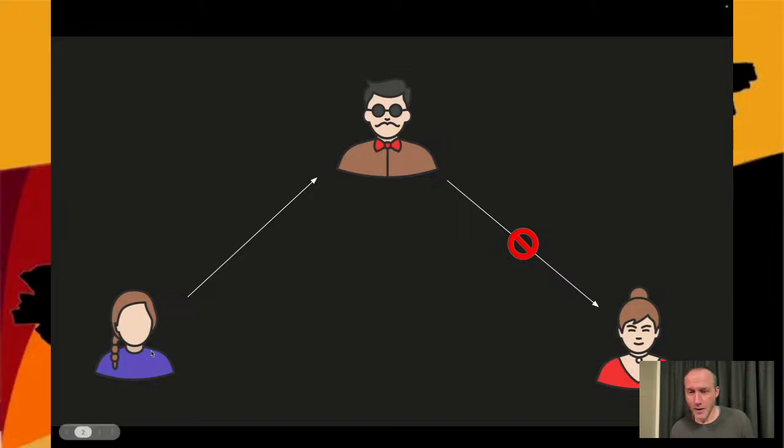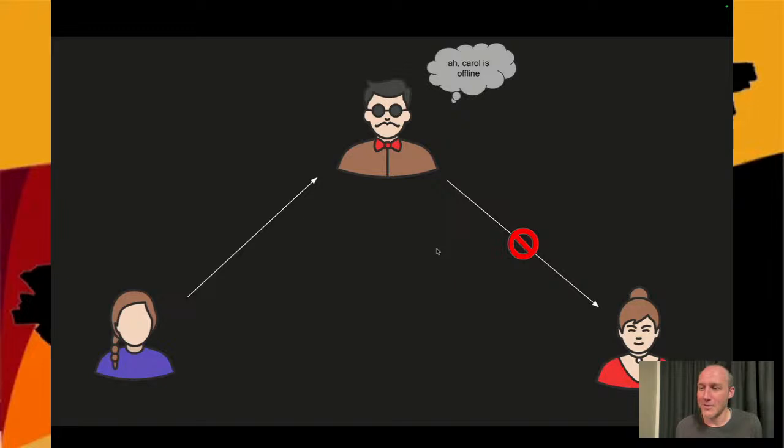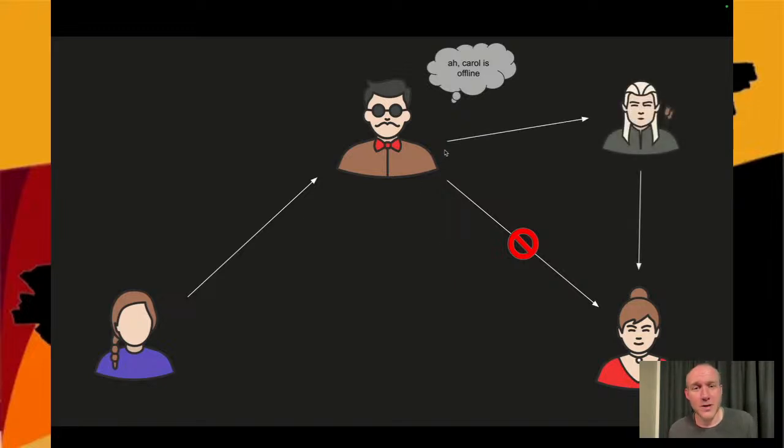So Alice pays, and the payment is going to route over the LSP. And then the LSP thinks, Carol is offline. What now? Well, what I'm going to do is send a webhook notification to the app provider of the app that Carol uses.